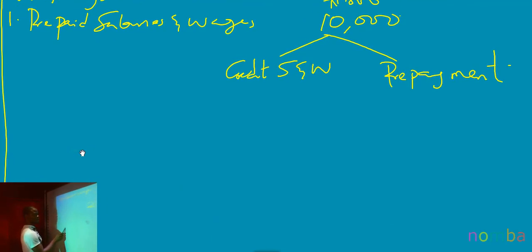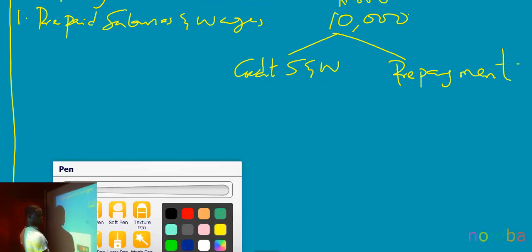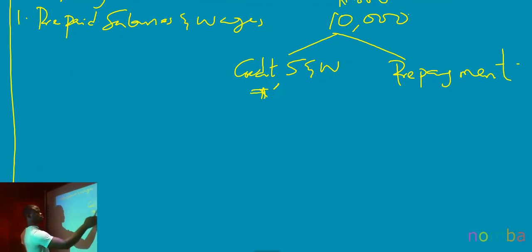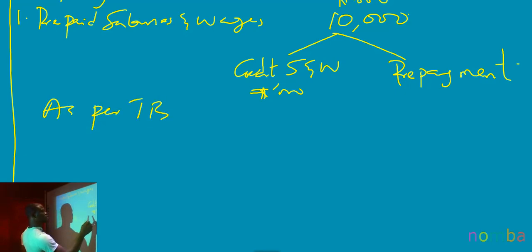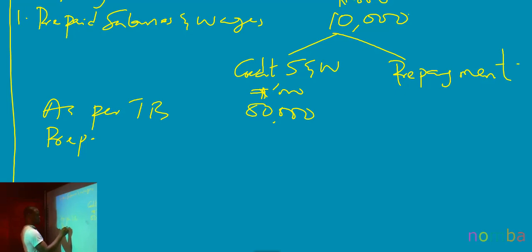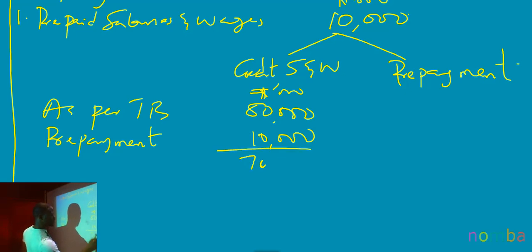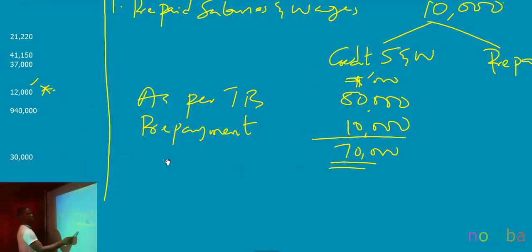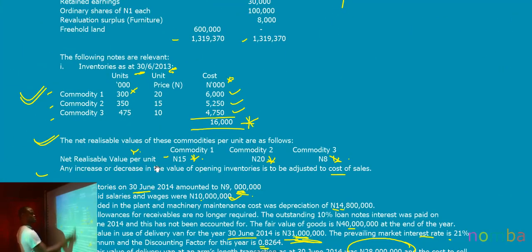So as per the trial balance, the salaries and wages was 80 million. We deduct the prepaid salaries and wages, which is 10 million. That means what we'll recognize for salaries and wages will be 70 million instead of 80 million. That's that.